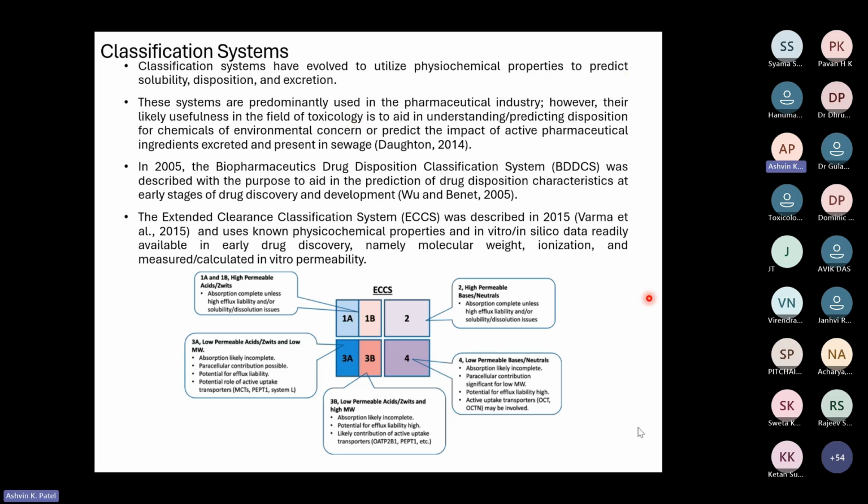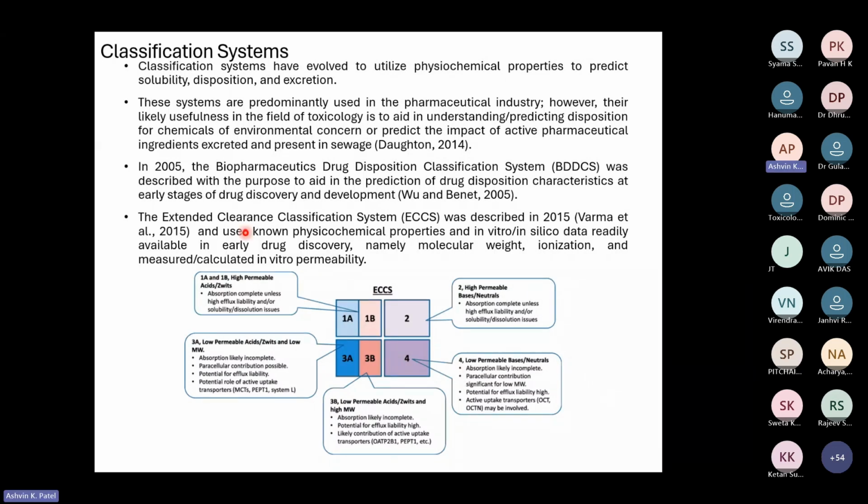Last but not least, the classification system. The classification systems have evolved to utilize the physicochemical properties of compounds: solubility, disposition, and excretion. In 2005, a drug disposition classification system was described, and subsequently in 2015, the extended clearance classification system, called ECCS, was described, which is widely used.